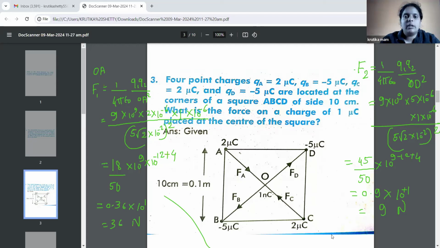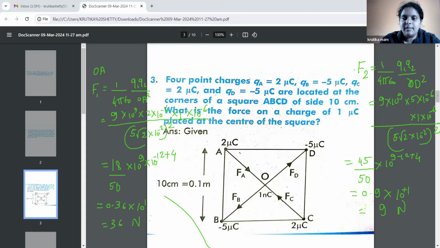F2. F2 is nothing but what? That is 9 into 10 raised to 9. Q1 is 5 into 10 raised to minus 6. And Q2 is 1 into 10 raised to minus 6 divided by square 5 divided by 5 root 2. So 5 root 2 is nothing but what? 50.